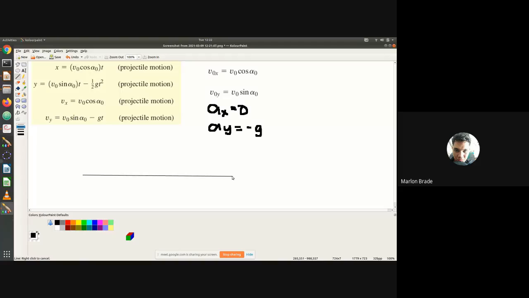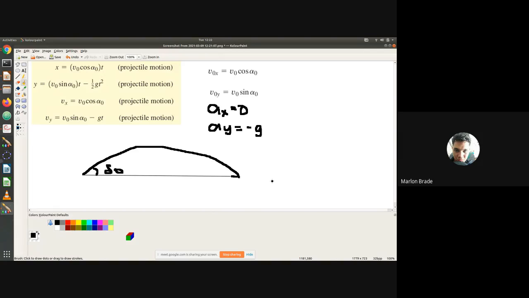So if this is the trajectory and this is the projectile, this angle over here is alpha naught. t is the time, v naught is the initial velocity, v_x is the velocity at a certain given time along x, and v_y is the velocity at a certain given time along the y-axis.